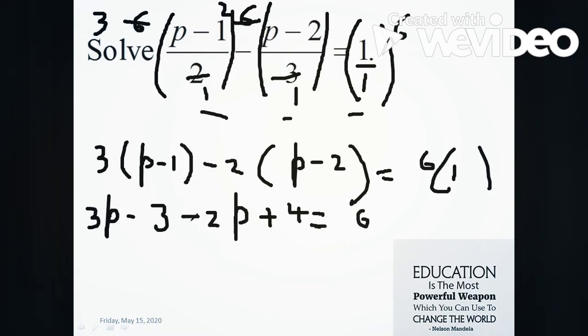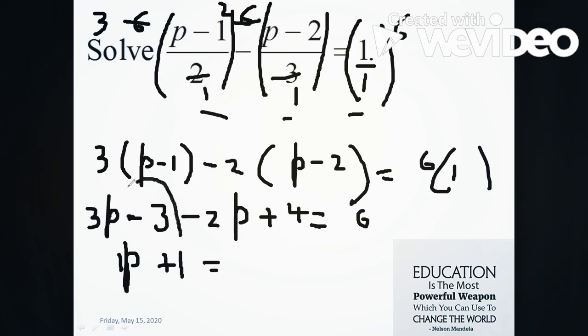Now 2p from 3p will give us 1p. Let me say it again: 2p from 3p gives you 1p. We have negative 3 plus 4, which is positive 1.